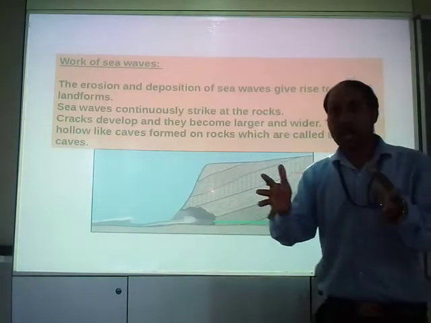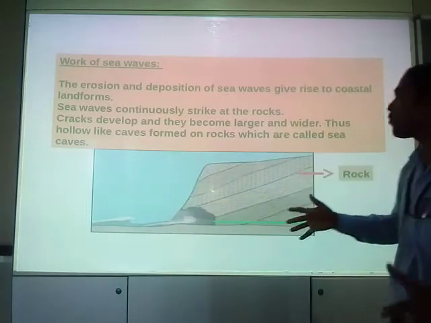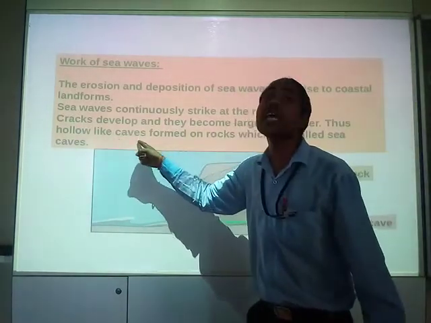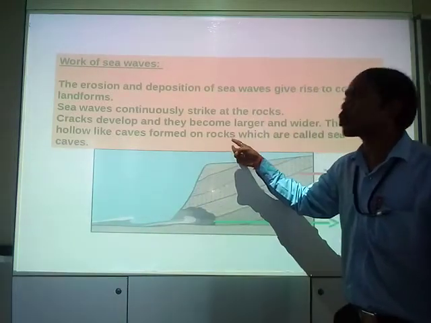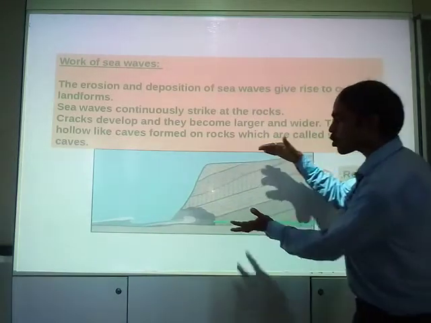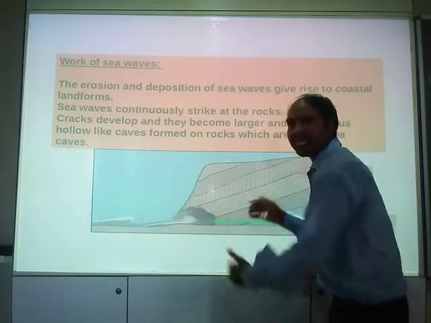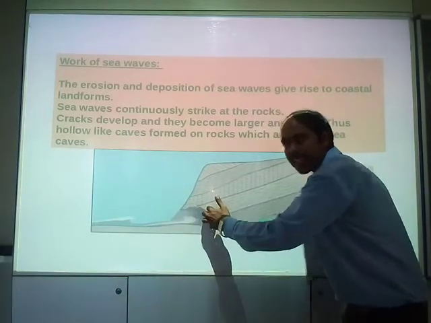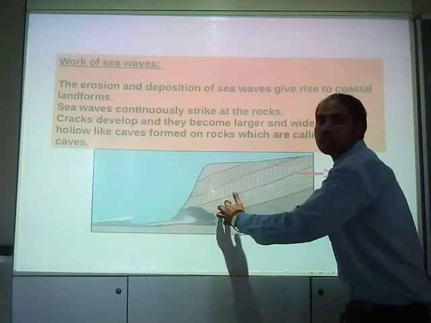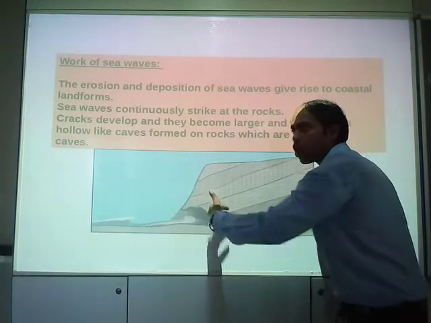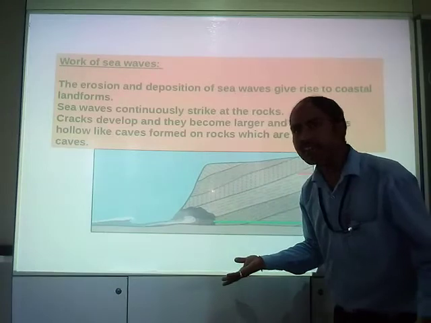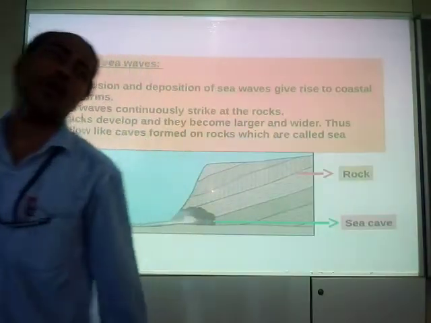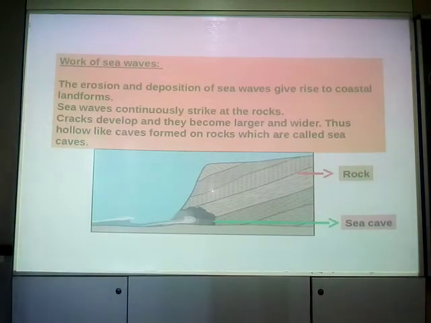As a result, a hollow-like cave is formed in the rocks. When you erode the rock, when it cracks and breaks, a hollow structure is formed inside the rock, and it is a cave, right? So sea caves are formed due to this action. Clear?